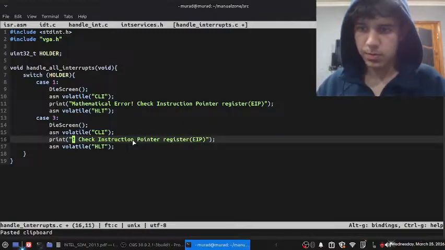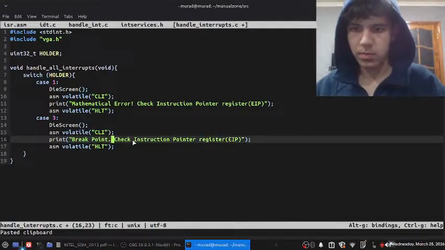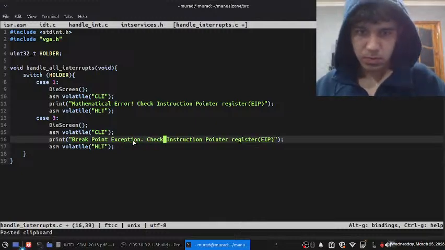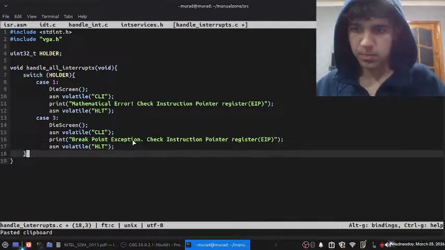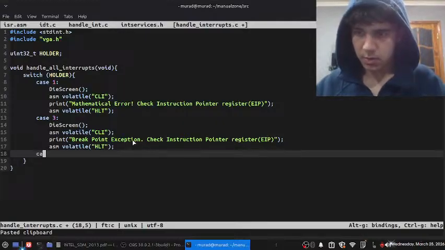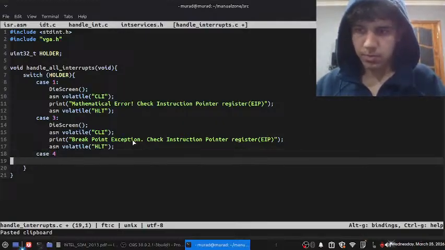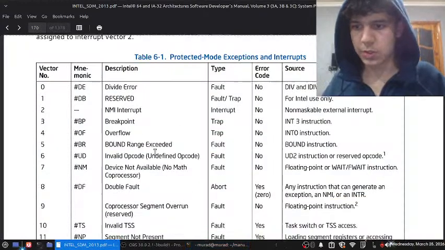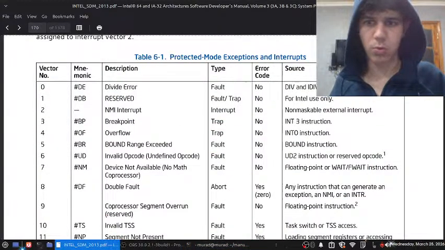Breakpoint. Okay. Then case 4, which is a force interrupt overflow.